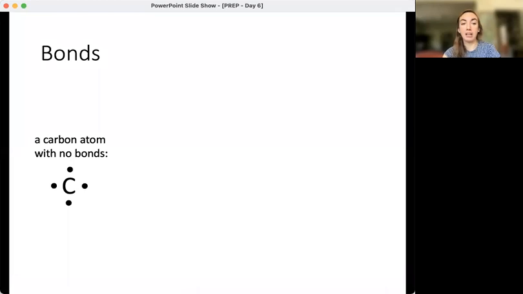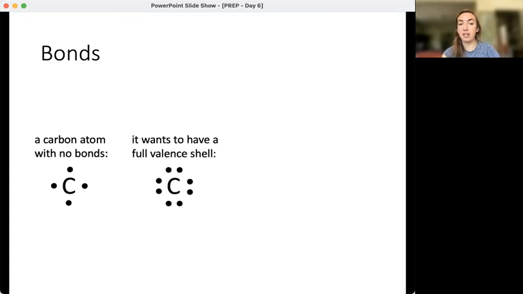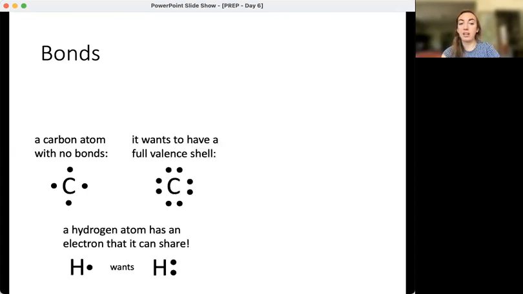So a carbon atom with no bonds and that's neutral will have 4 valence electrons, and it wants 8. A hydrogen atom that is neutral has 1 proton, 1 electron, so it has 1 valence electron, and it wants 2. It wants that full valence shell.